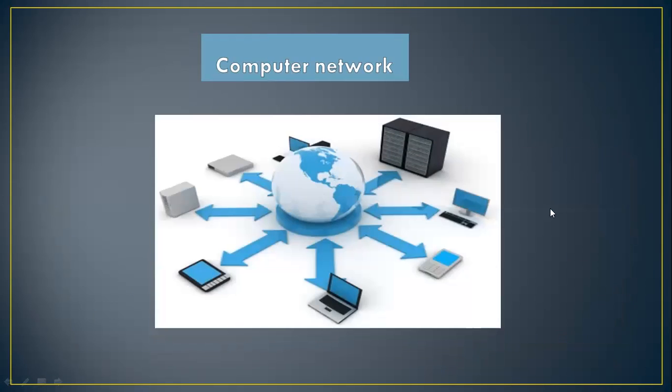Next, we are going to talk about computer networks. We can connect our computers with the help of a computer network. As you can see, take the example of the internet, okay? All the devices in the home are connected with the internet.